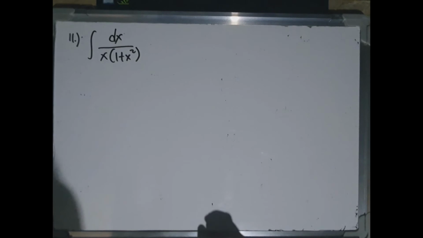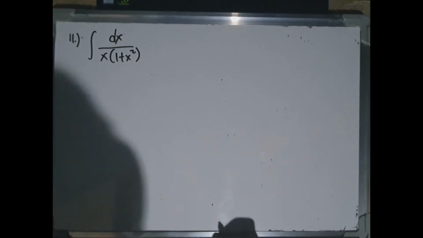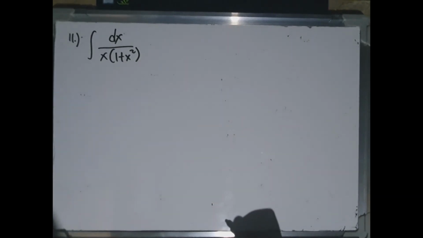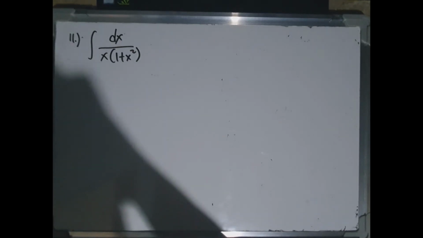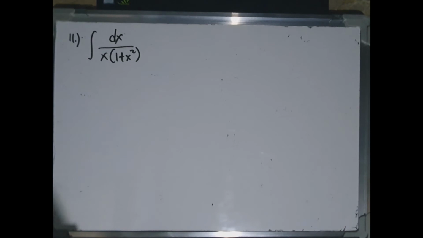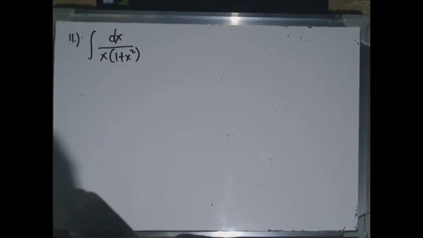Now solving for number 11, the integral of dx over x, quantity 1 plus x squared. Previously, we have different techniques in solving this type of problem. So solving this one, we will try again the previous method that we have used.